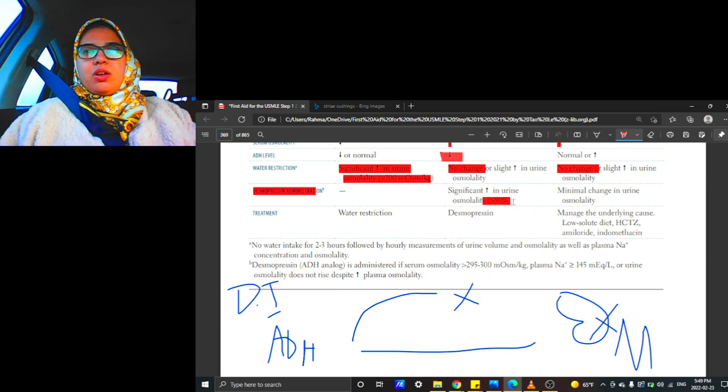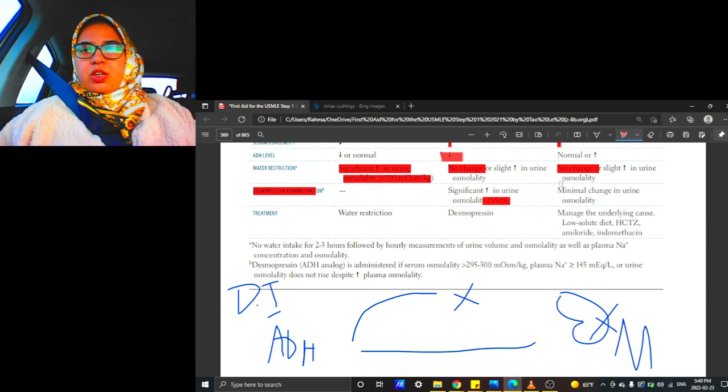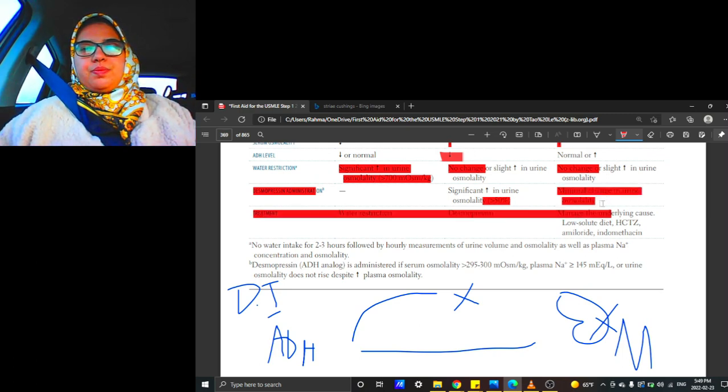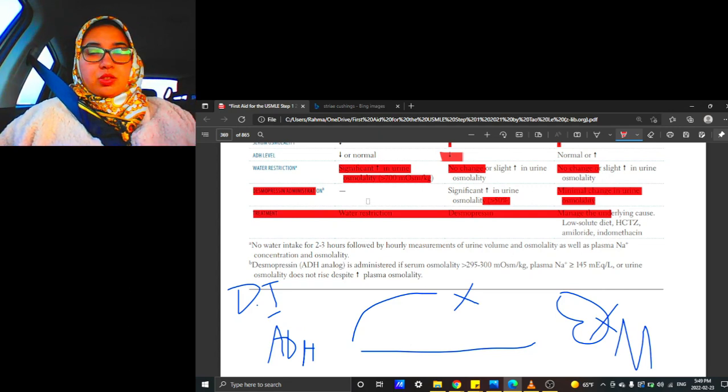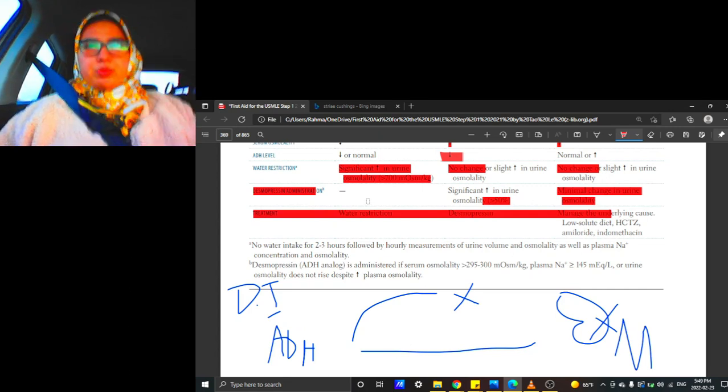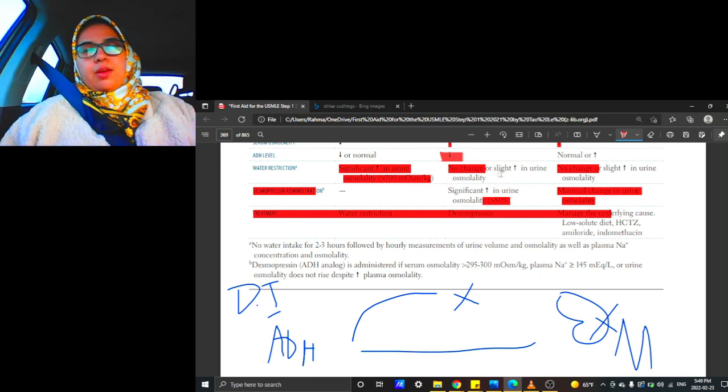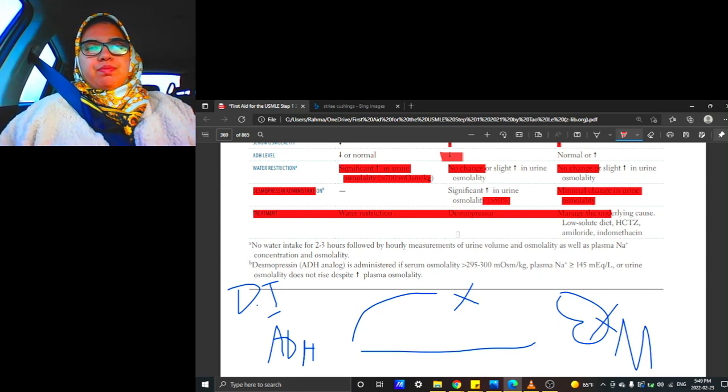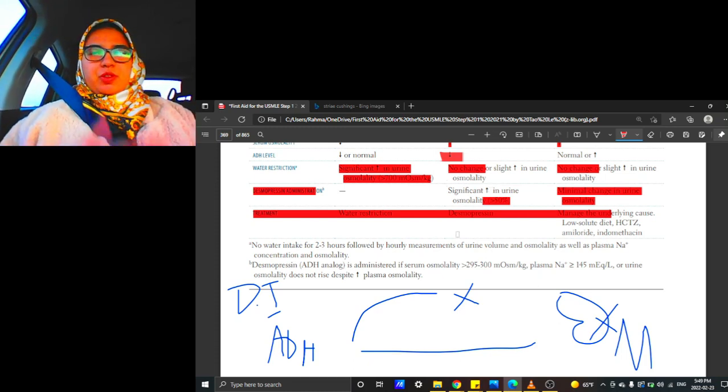They're still not able to concentrate the urine. So it doesn't matter if I give them desmopressin administration. They are not able to respond to the desmopressin. So you're going to have minimal change in urine osmolality. But with the central one, you're going to have significant increase in osmolality, more than 50%, because I wasn't making any. So treatment makes sense that for the central, we will have desmopressin as therapy.